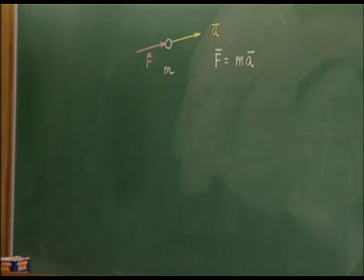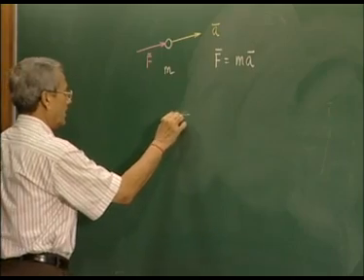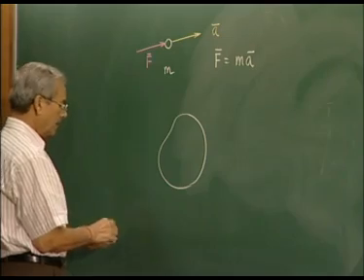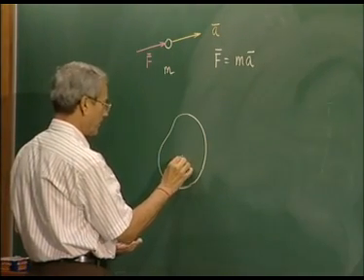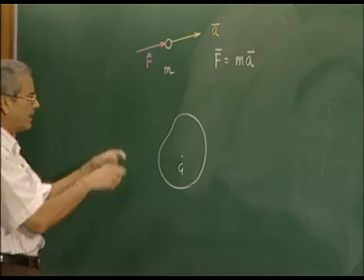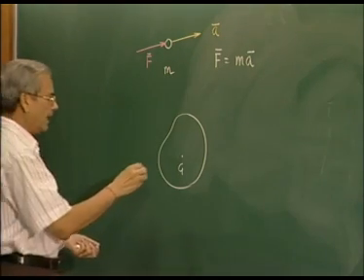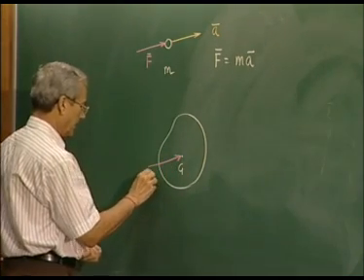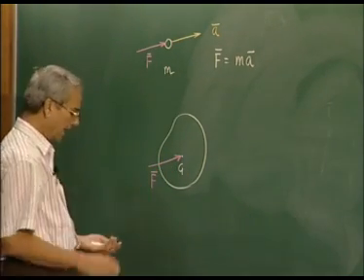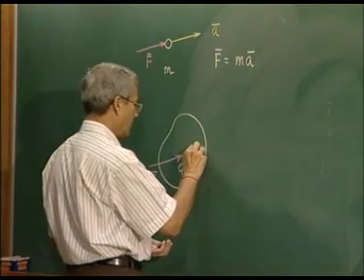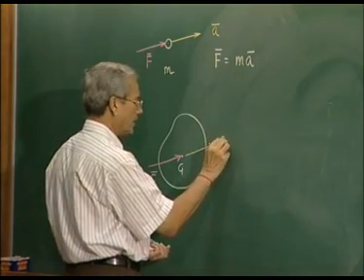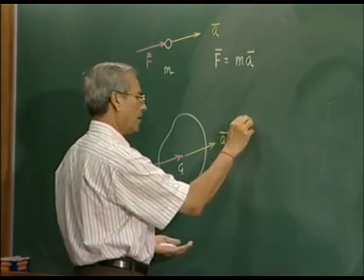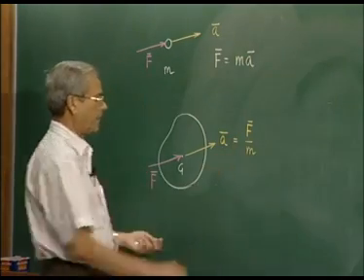Now, instead of a particle, if you take a rigid body, you have already seen in our first module lectures that if the resultant of all the external forces acting on the body can be represented by a force F, then the linear acceleration of the center of mass will be A, which will be again F divided by the mass of the body.